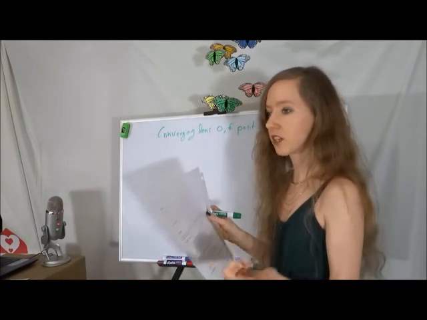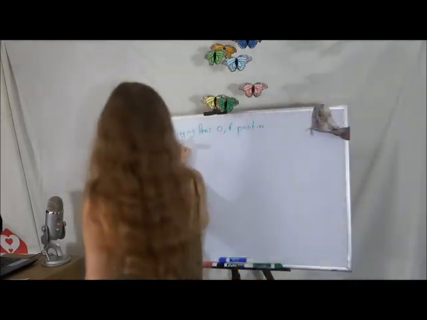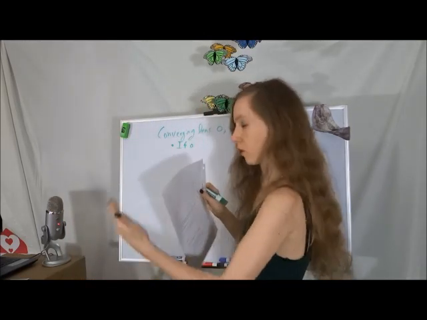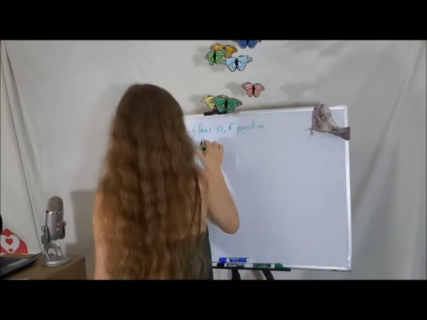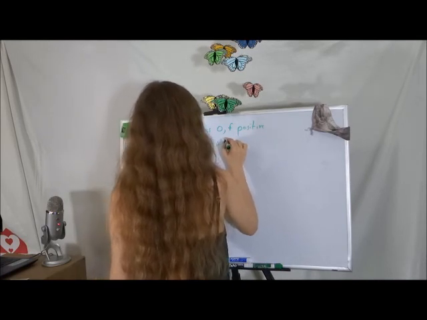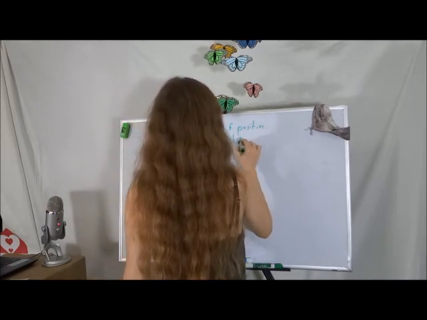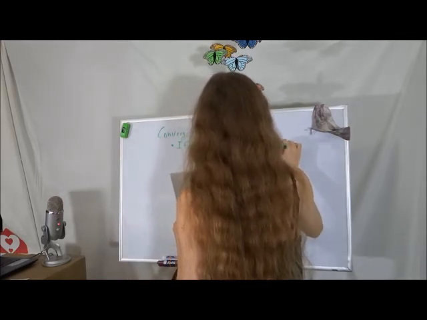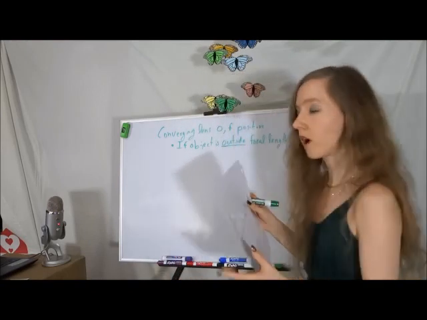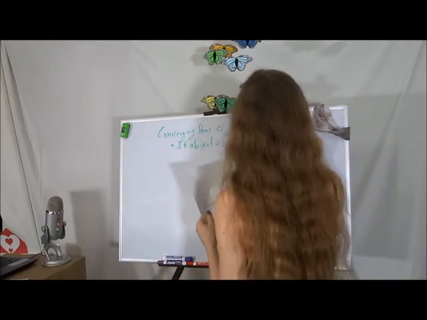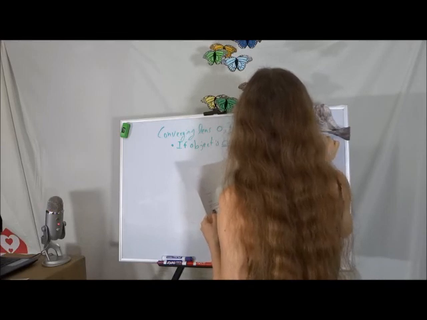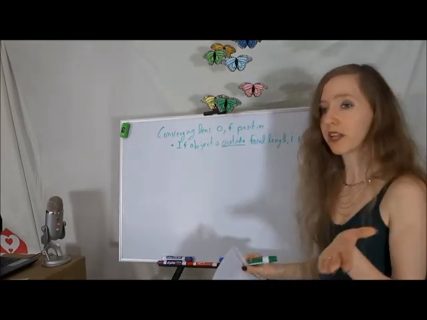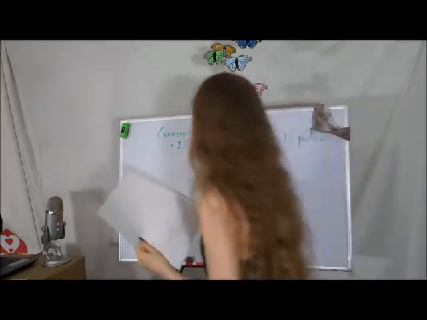Now the tricky situation is I. If our object is outside our focal length, then I will be positive. If our object is instead inside that focal length, that's when it's going to be negative.